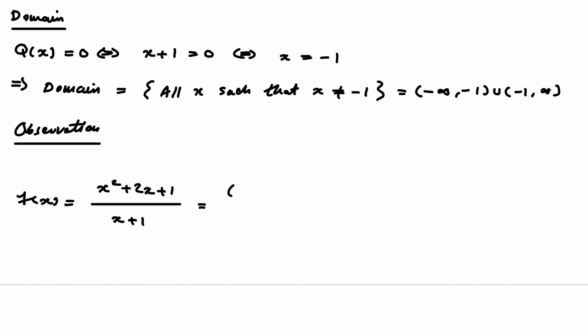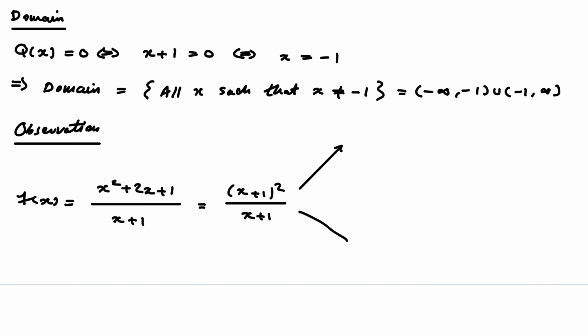And we can factor the top as (x plus 1) squared divided by x plus 1. Now, it's super tempting at this point just to use one of the laws of exponents and just write this as x plus 1. The thing about that is that law of exponents only holds when the base is non-zero. So at this point, if you want to simplify this, which we desperately want to because it's such an obvious simplification, we need to make sure x plus 1 is not equal to 0.